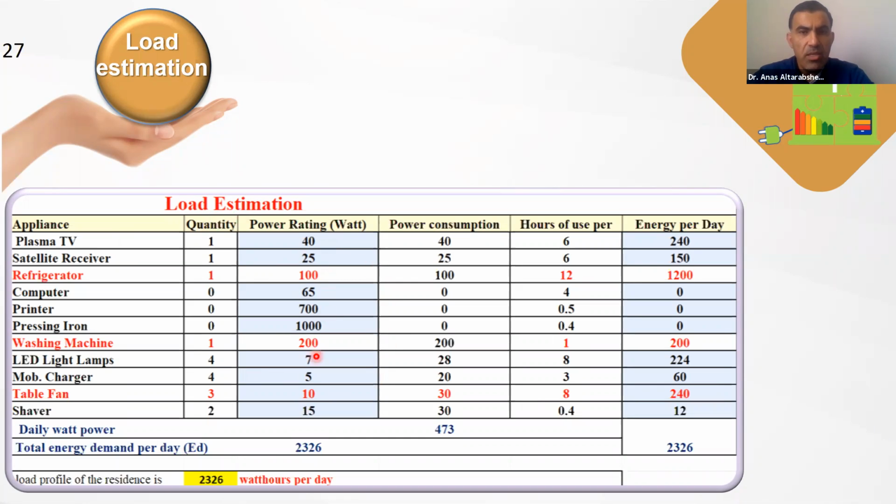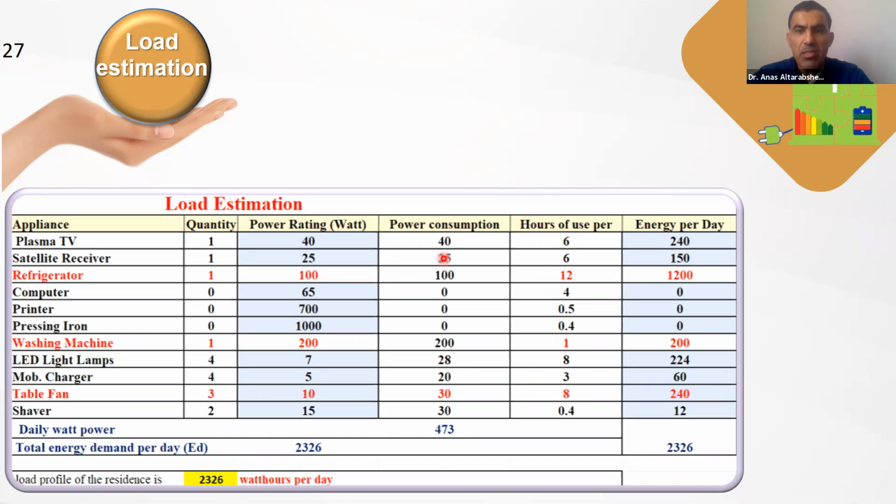Okay, so you look at the rating and then you multiply the rating of the device by how many devices you have. For example, here, if we have 4 LED lamps, and the rating of each lamp is 7 watt, then it's going to be 28 watt for consumption of those 4 lamps. Then how many hours we use those devices.